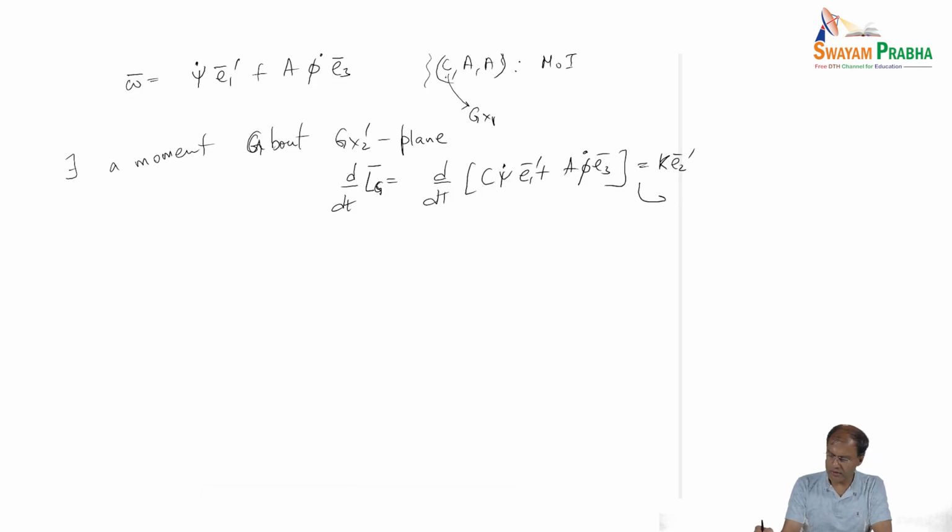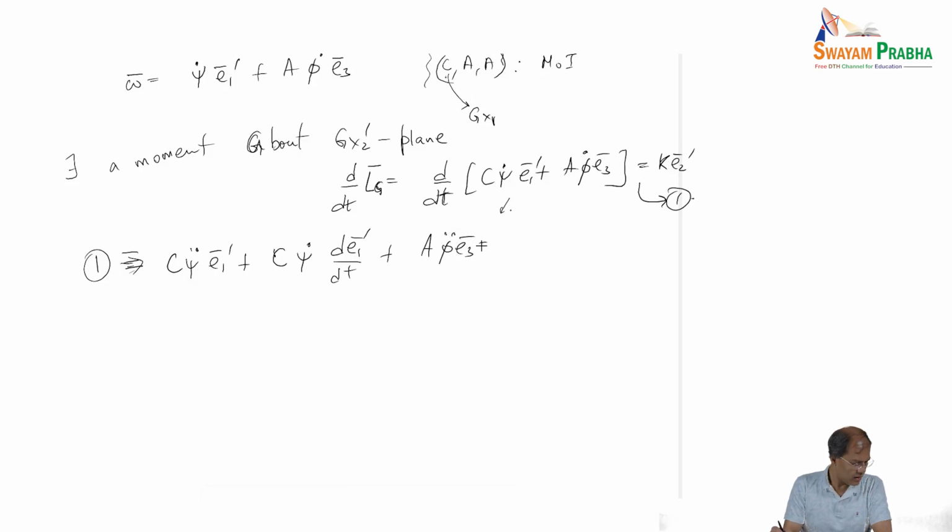So let me call this equation 1. If we expand the left hand side, from 1 we identically get that this is C psi double dot E1 prime plus C psi dot dE1 prime/dt plus A phi double dot E3 is equal to K E2 prime.